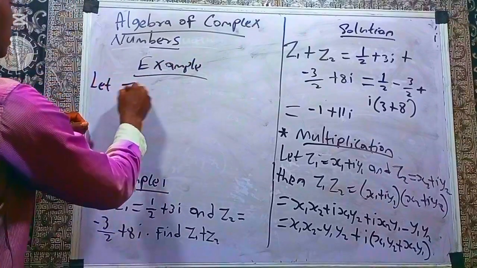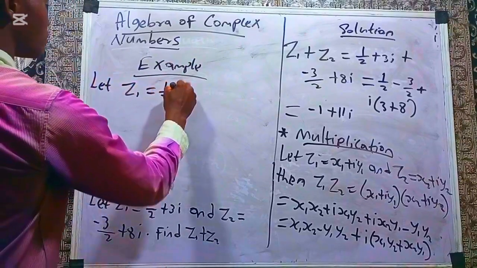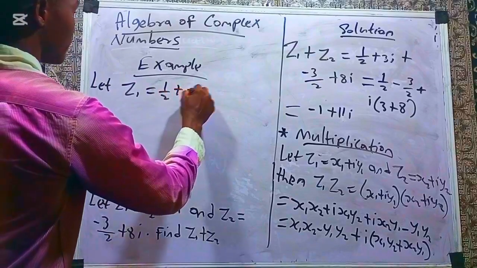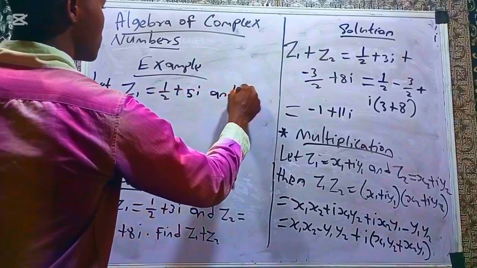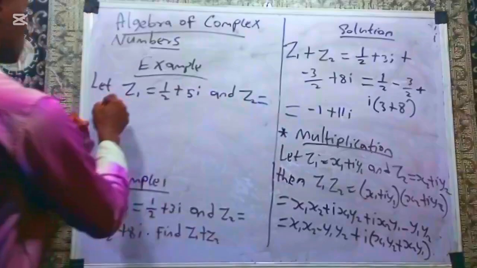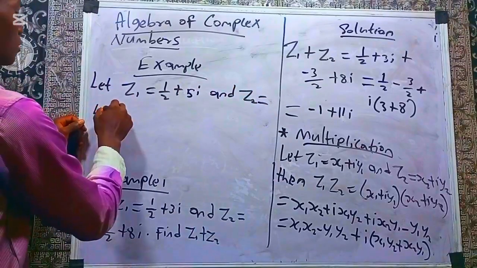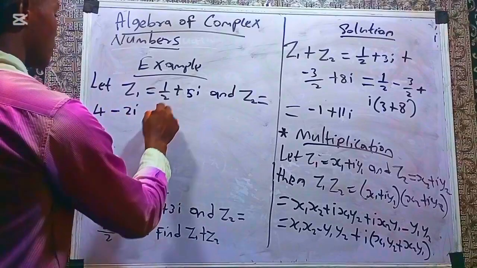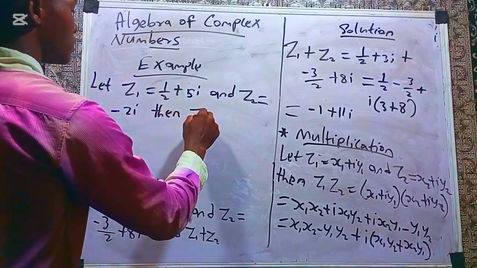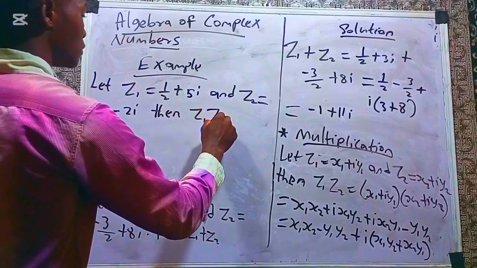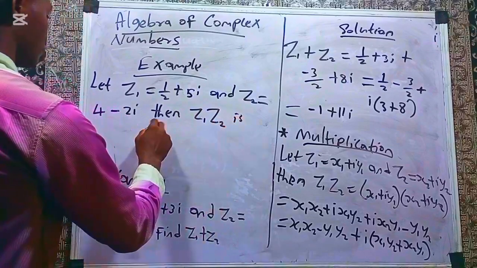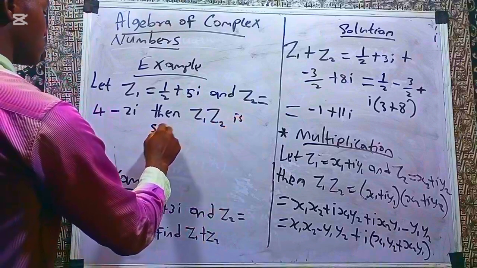Let z1 be equal to 1 over 2 plus 5i, and z2 be equal to 4 minus 2i. Then z1 z2 is, solution.